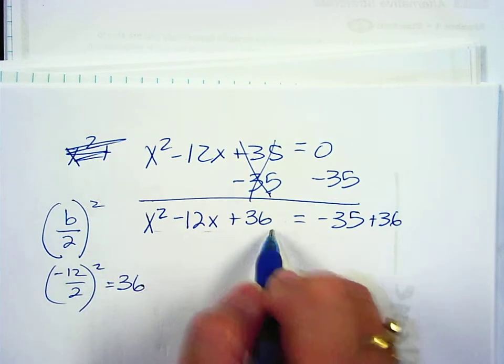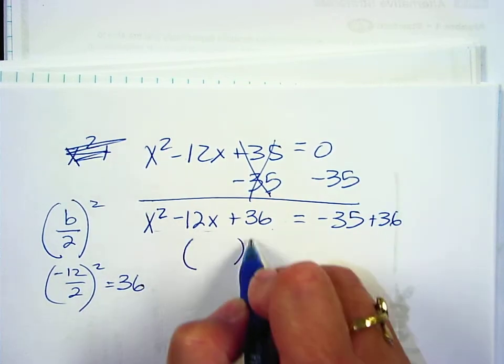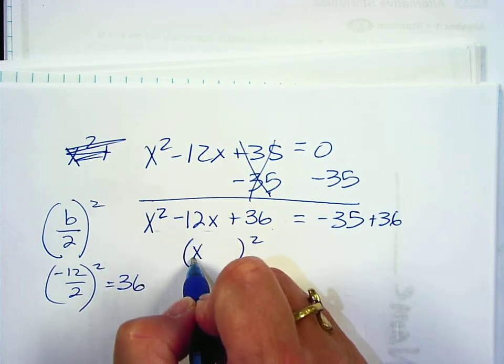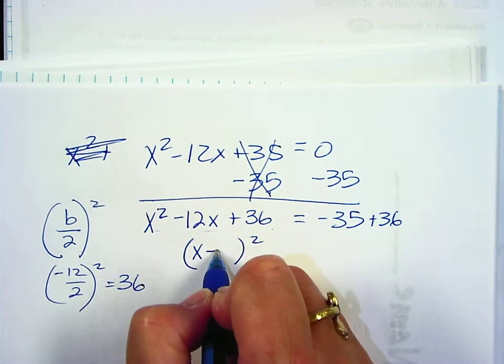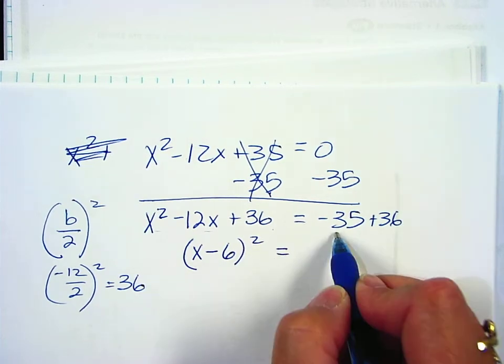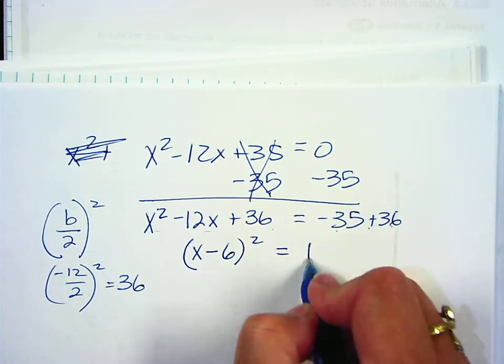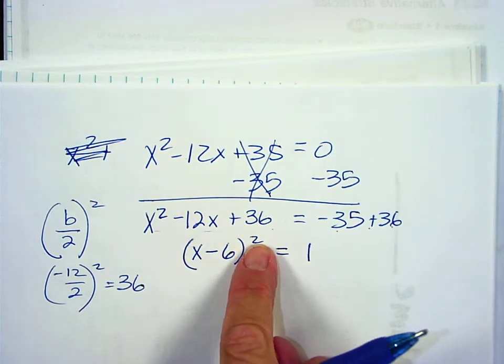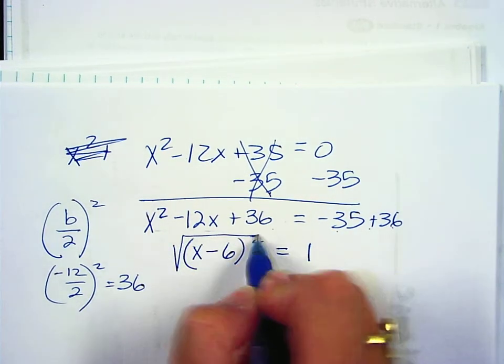This is now a PST, so to factor it, it's a binomial squared. Take the square root of x squared, take the sign of the middle term and the square root of 36, squared, and negative 35 plus 36 is positive 1. I need to undo squaring this. I take its square root.